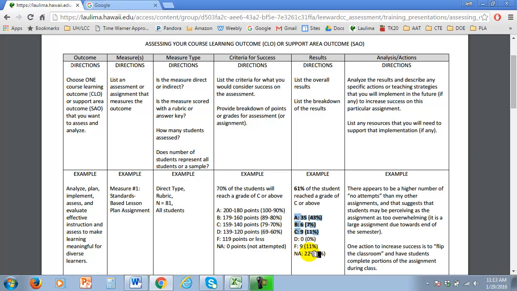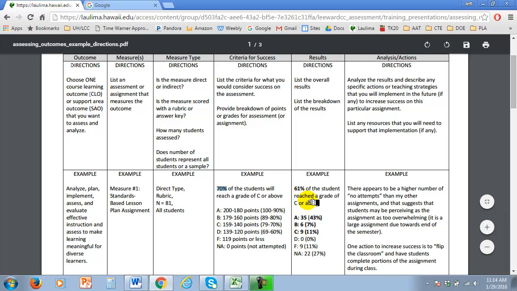And that's not true at all. They never tried it, so I never got to find out if they knew it. The F's are folks that did it but did not do a competent job on that. And I broke it down. Since I'm only interested right here in how many percentage of folks actually got a C or above, I can then take that number and compare it to my minimum. And notice they did not reach my criteria.